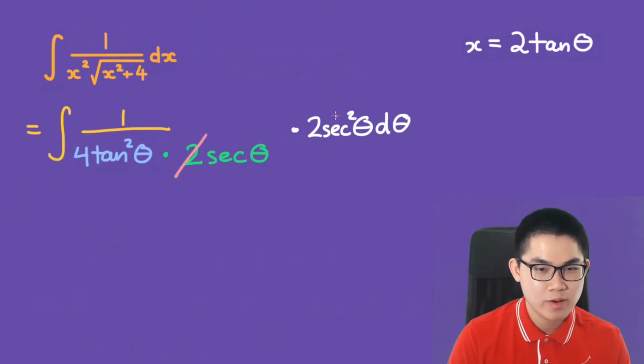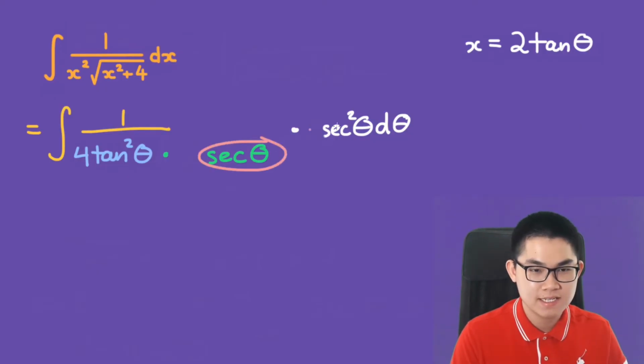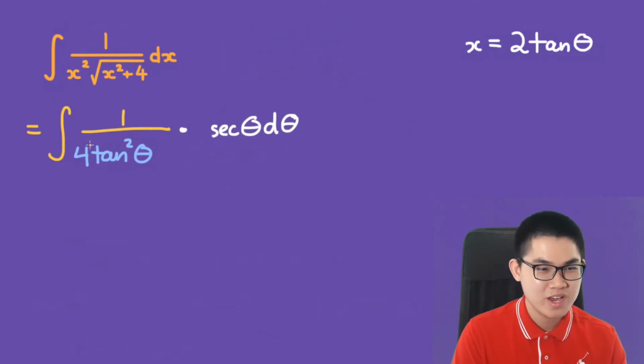So the 2 here will cancel out with this 2. We have secant and secant squared, so they will also cancel out. We can move the 4 outside of the integral, so we have 1 over 4 times the integral of 1 over tan to the power of 2.